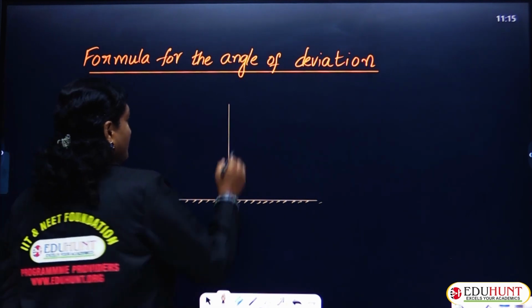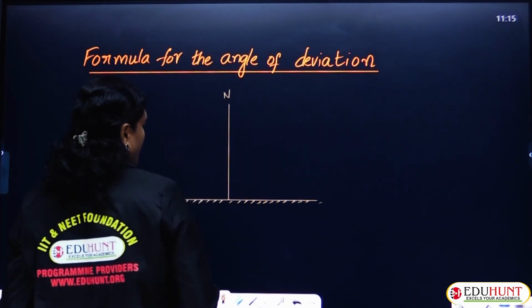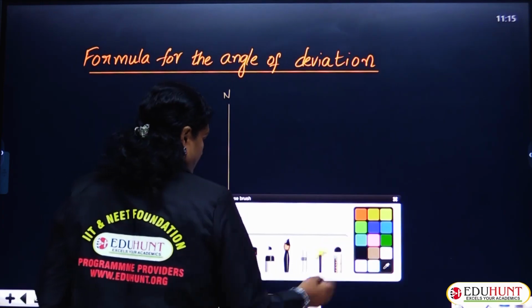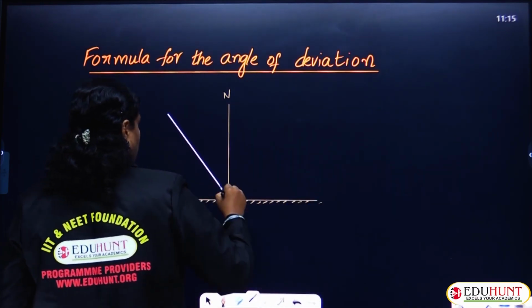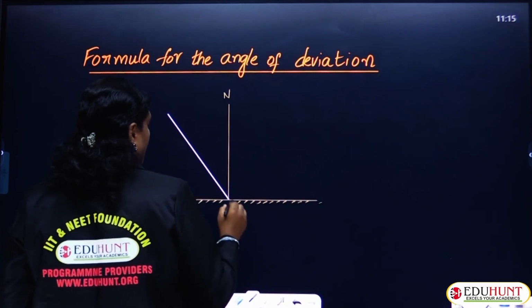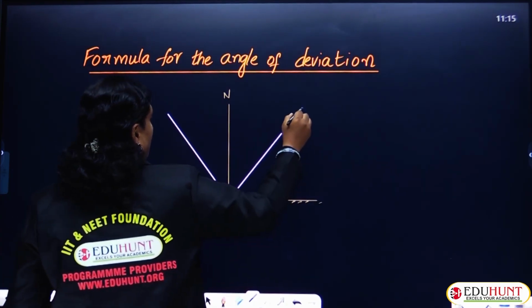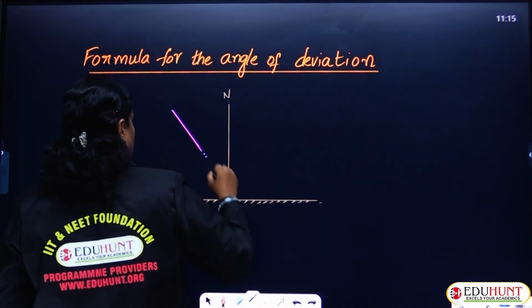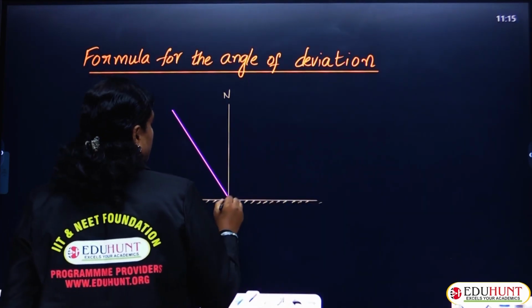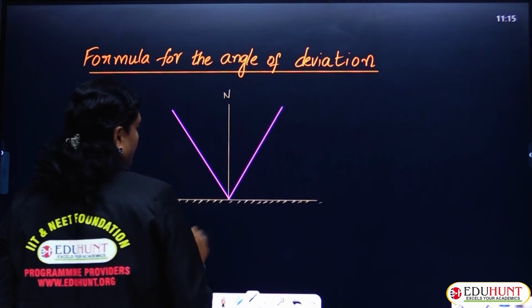Okay, so this be some n. Let us imagine an incident ray. So this must be your incident ray and here it must be your reflected ray. Okay, this is your incident ray and here is your reflected ray.